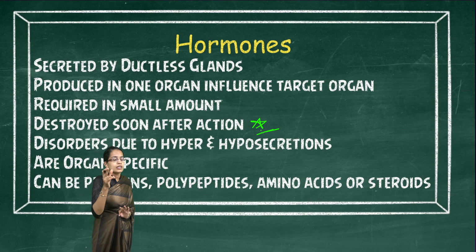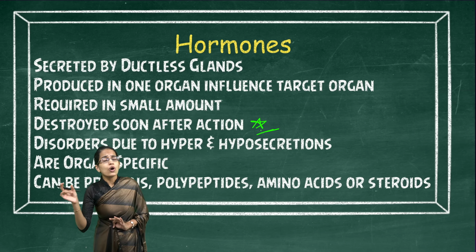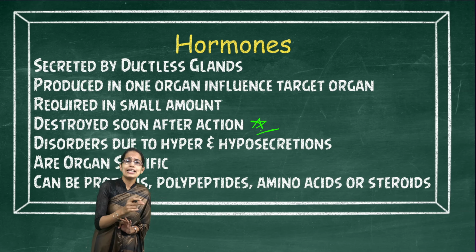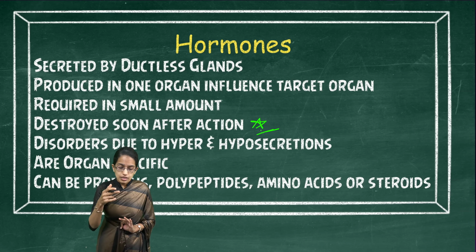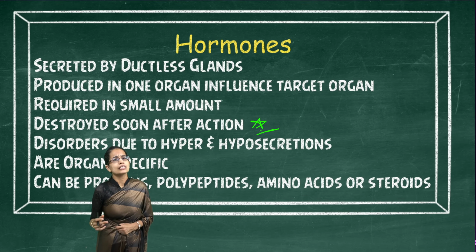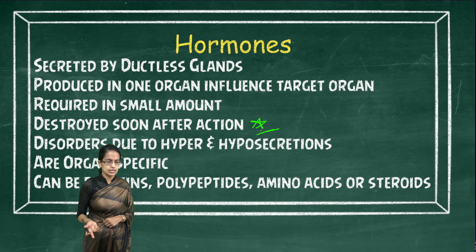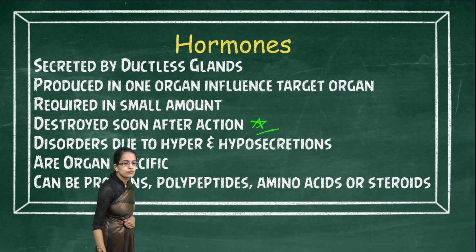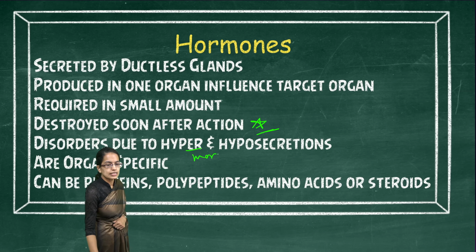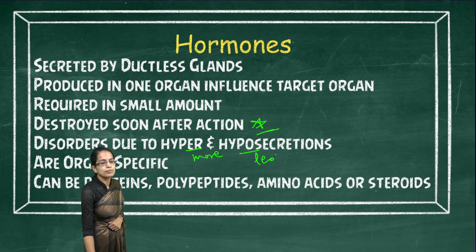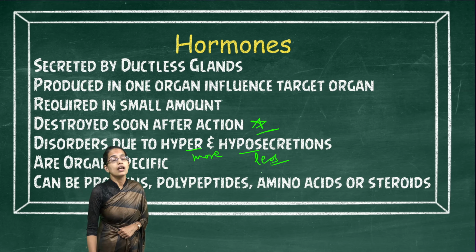If the amount of secretion is a little less, there can be diseases which can be due to hyposecretion. If the amount is little more, there can be diseases which can be due to hypersecretions. So there are disorders which are due to hypersecretions, which is more secretion, or hyposecretion, which is less secretion.